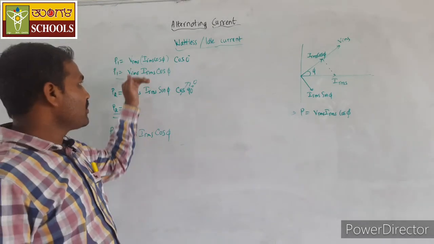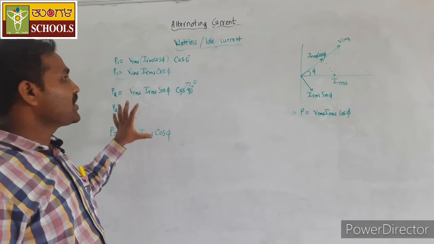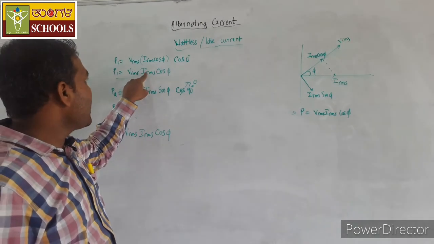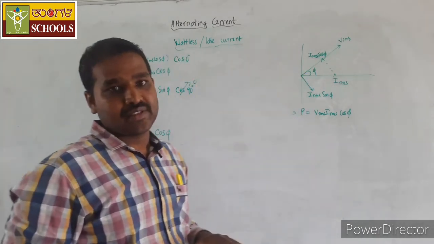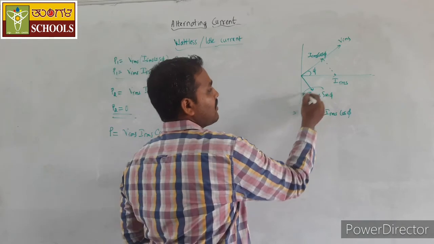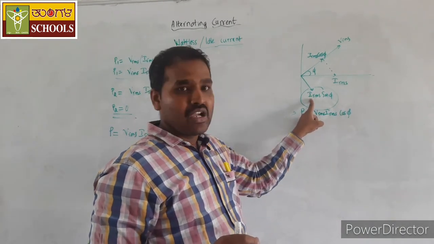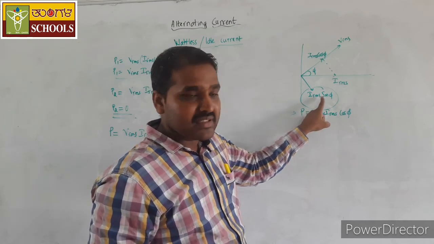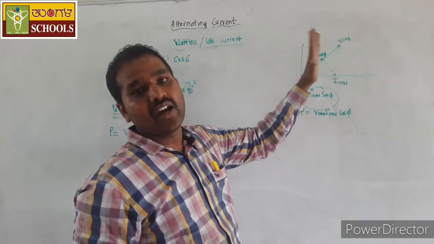From this I can observe that whatever power is consumed is to maintain the component IRMS cos phi along the direction of VRMS. We don't need any power to maintain the current component IRMS sin phi, which is in the perpendicular direction of VRMS.